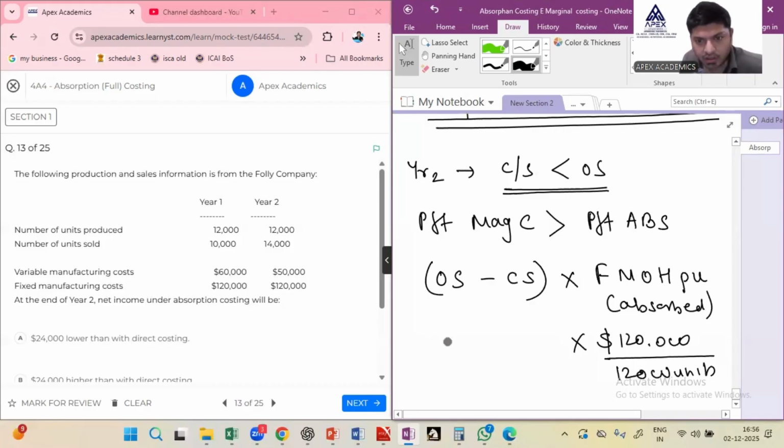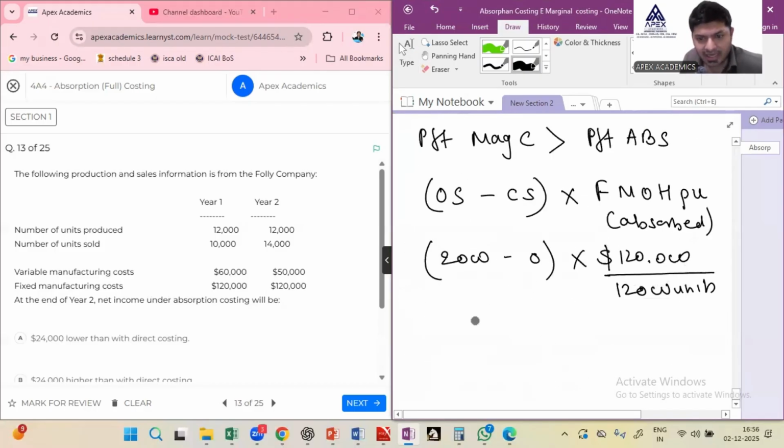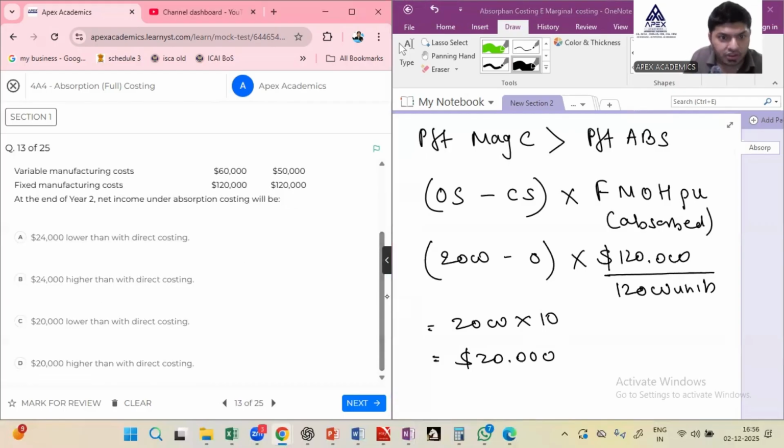My opening stock is 2,000 units and my closing stock is 0. Therefore, I get 2,000 multiplied by 10, which is equal to $20,000. As you can see, absorption costing income will be lower than marginal costing by $20,000.